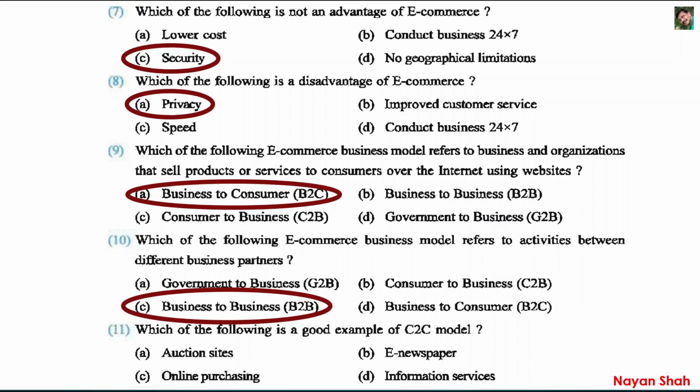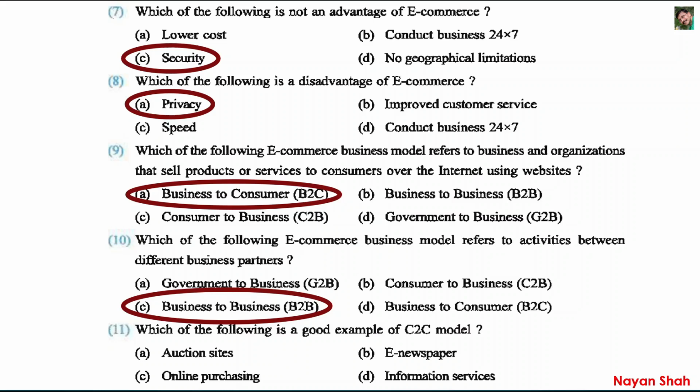Question number 11. Which of the following is a good example of the C2C model? C2C, first you should know what C2C is. It is consumer to consumer, where there is no business or government involved. On both ends there are consumers. So which site allows only consumers to take part for selling and purchasing?